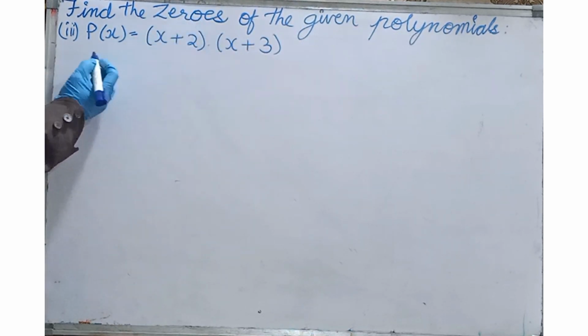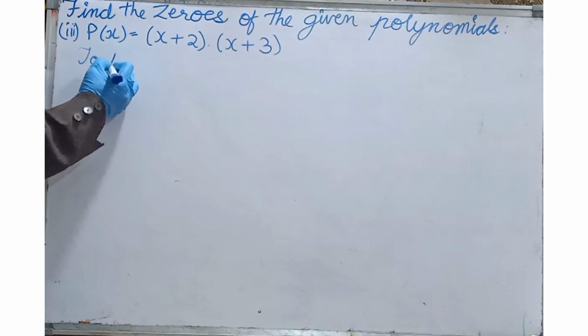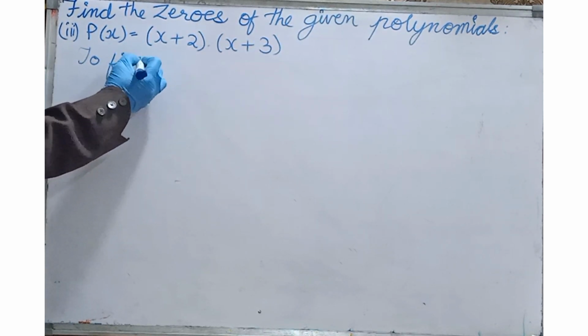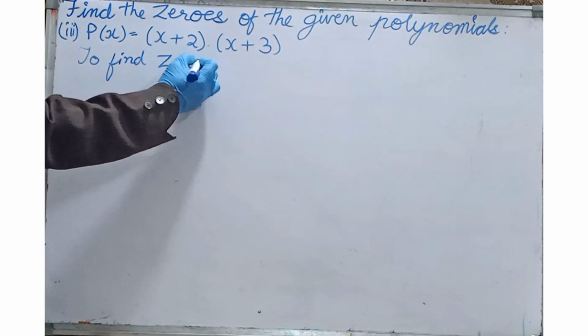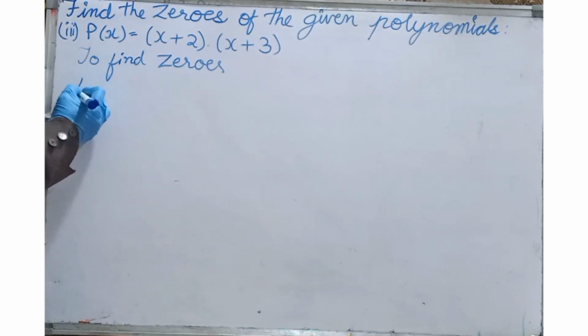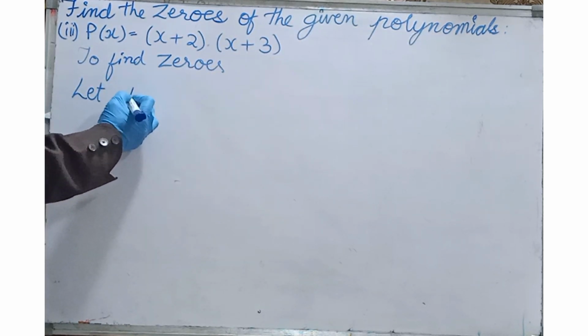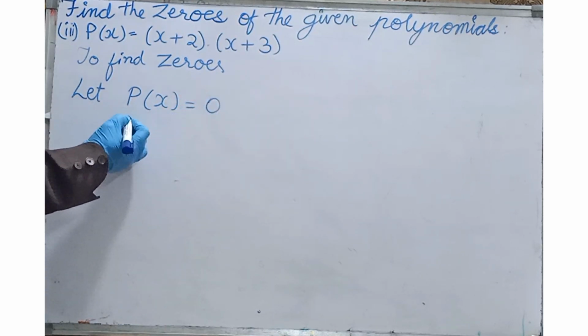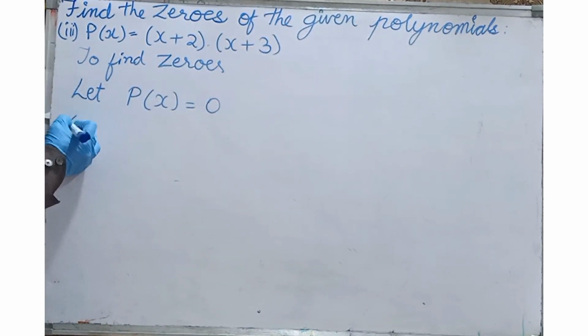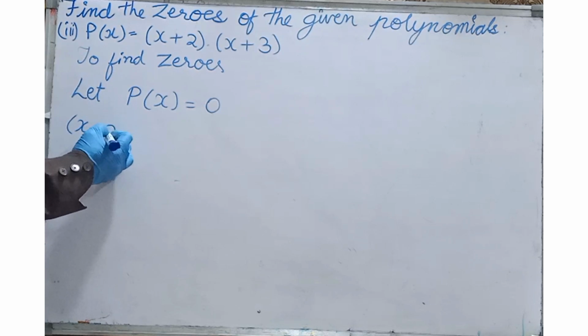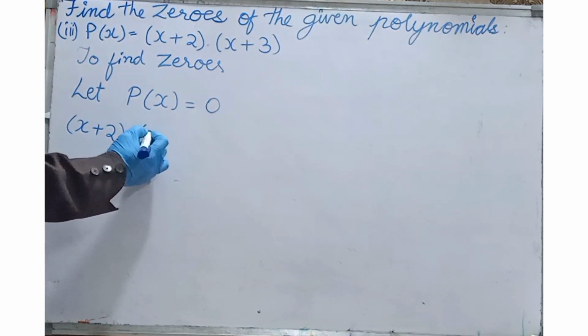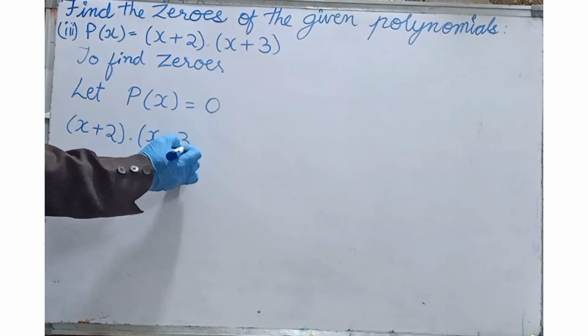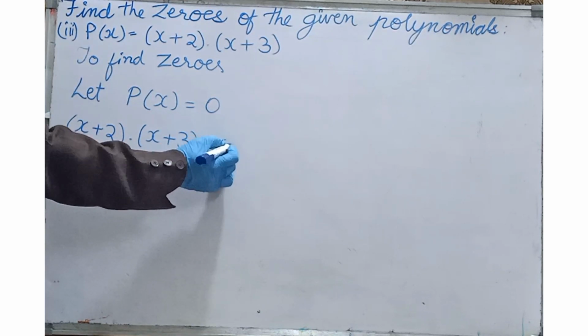To find the zeros, we'll suppose that p of x is equal to 0. Let p of x equal to 0. That is, x plus 2 into x plus 3 is equal to 0.